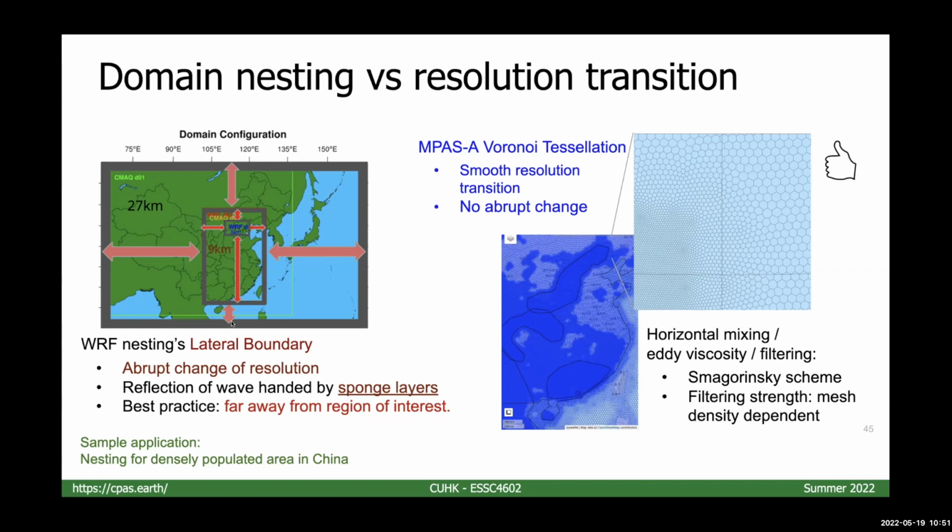So as I said, the lateral boundary is actually something bad, and some errors will come out here. So if your region of interest is too close to the lateral boundary, some erroneous waves or something will actually propagate into your area of interest. So it will lower the accuracy of the simulations.